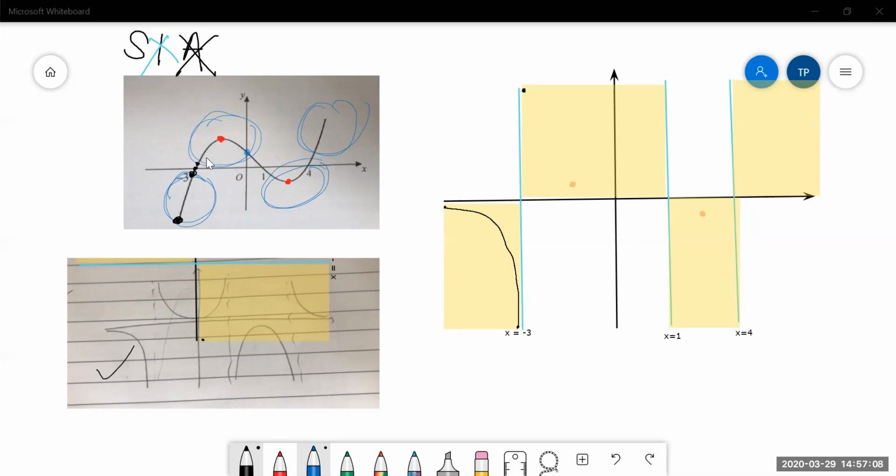The next prominent feature will be the stationary point over here. So we know that this maximum point will become a minimum point. So the graph will go down and form a minimum point. For it to be a minimum point, after that it should go up, right? When it goes up, it should cut the y-axis here.